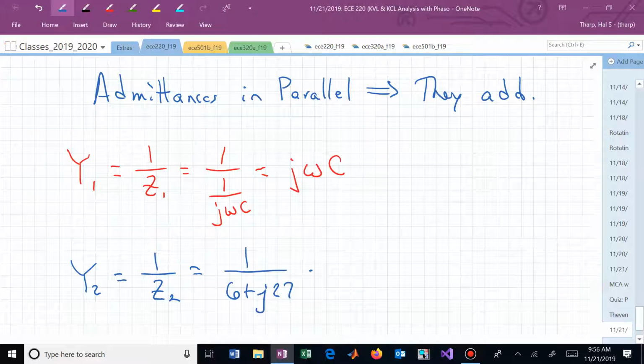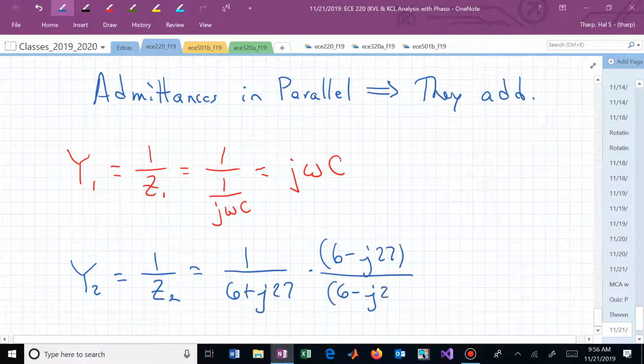Then you don't have to put that into polar form, do my division, subtract the angle, and maybe I actually need it eventually in rectangular form. Let me just keep it in rectangular form by multiplying by 1, which is just a ratio of a complex number.